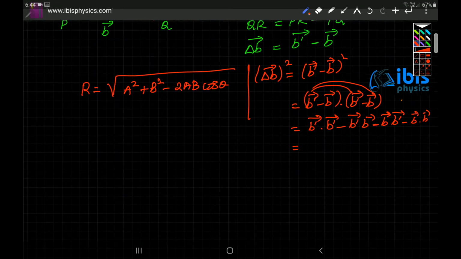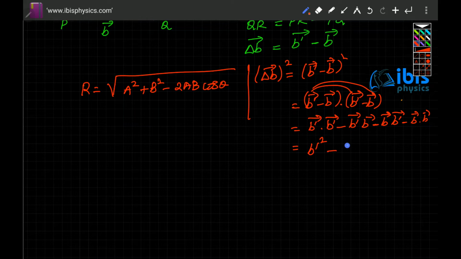So you know the definition of dot product. A dot a is a square. Because a dot b is modulus a modulus b cos theta, so a dot a is modulus a modulus a cos theta. The angle between a and a is 0. Similarly, this is b prime square minus b prime dot b, minus, these are all dot products, right?